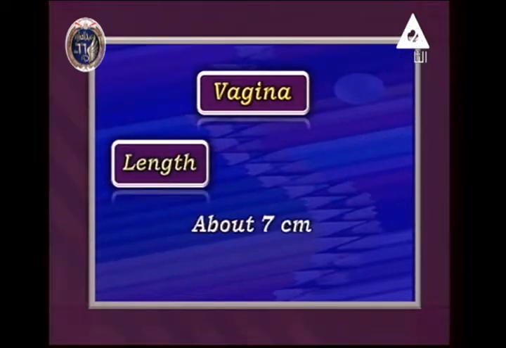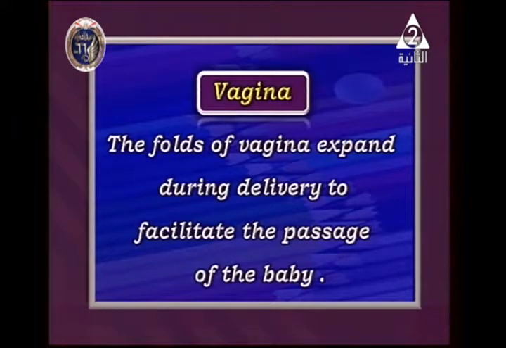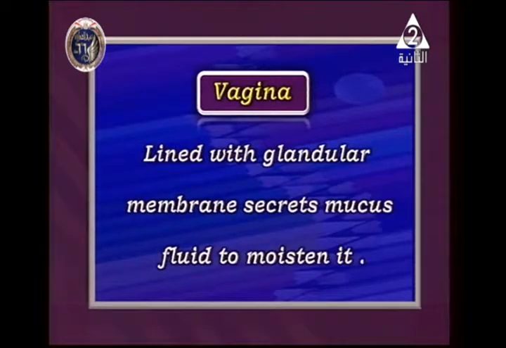Its length is about 7 centimeters. The folds of the vagina expand during delivery of the baby, to facilitate the passage of the baby. Okay? One of the most important functions of the vagina. It is also lined with a glandular membrane that secretes mucus fluid to moisten the vagina from inside.